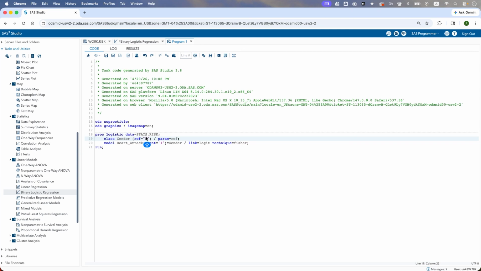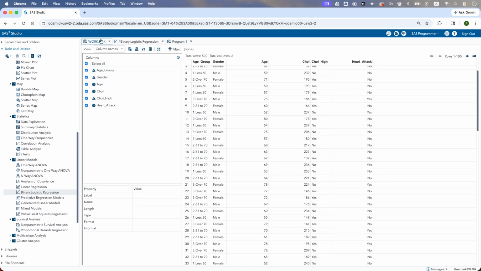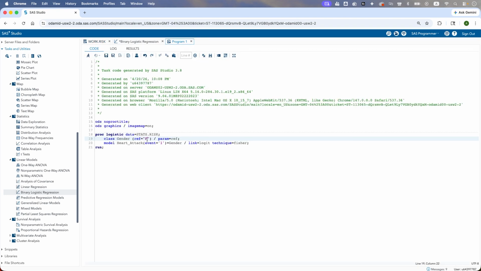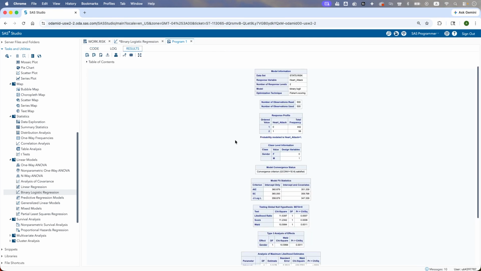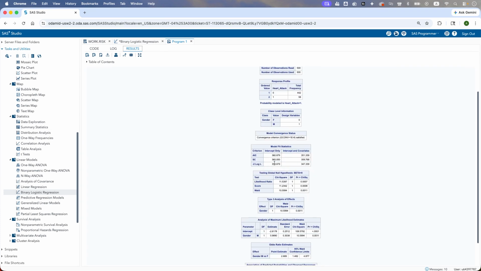So it's going to be understood as female. Then we are going to run this. If you run this, you're going to see how these are flipped in the class level information. The female becomes 0. The male becomes 1. Nothing has been changed here. Nothing has been changed here. But here we have the male.